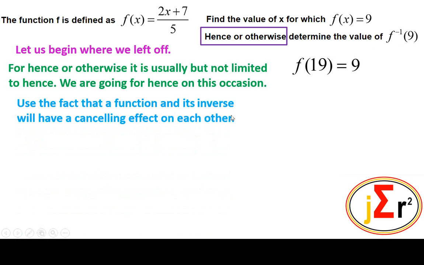Use the fact that a function and its inverse will have a cancelling effect on each other. That is what we are about to make use of. But we cannot just place f inverse of x on one side of the equation.